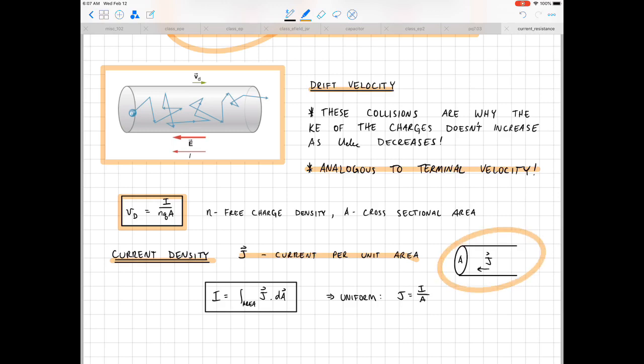So I've got the current density drawn flowing to the left, and the cross-sectional area there, A. So if you integrate J over that area, then you get the total current flowing through the material. And so, of course, if the current density is uniform, then you end up just getting that the current density is the current divided by A.